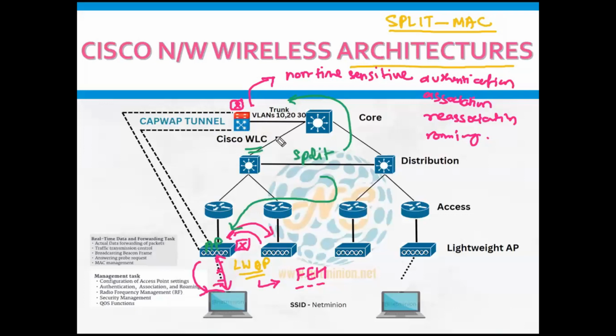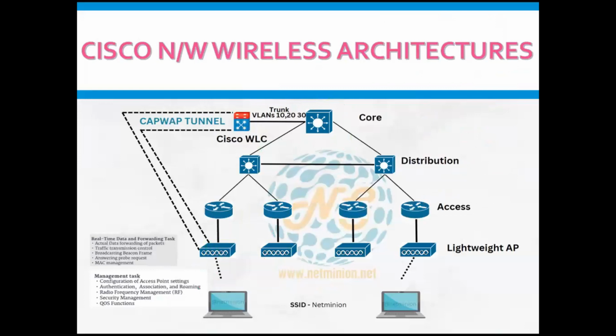And this is again your ESS. Any doubts so far? Okay. So the LWAP is splitting the task, is it? Something like that. The task is split between the controller and the AP.